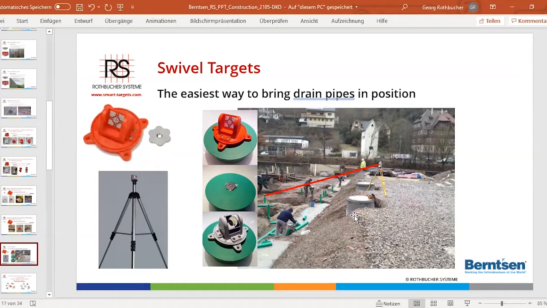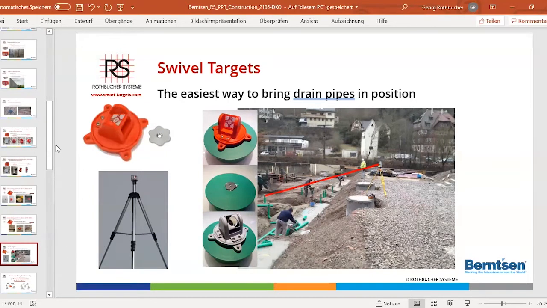Also you can see that here we offer an adapter so that you can take your prism on top if you use a robotic, and then you have space to put the drain pipe in the right direction. And then at the end, you just take the cover, put it on top, and bring it in accurate position in a minute.